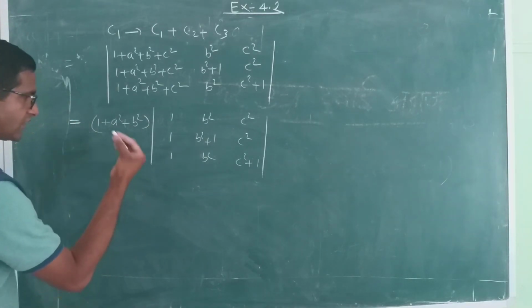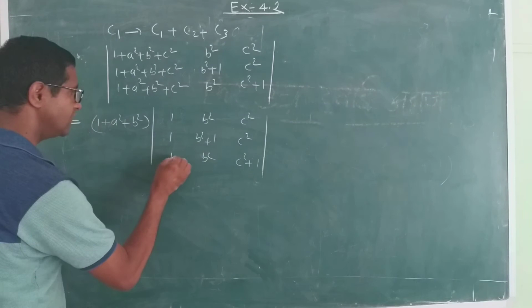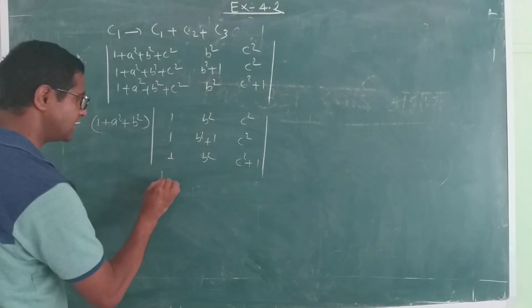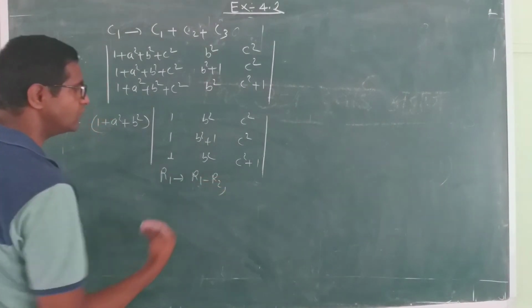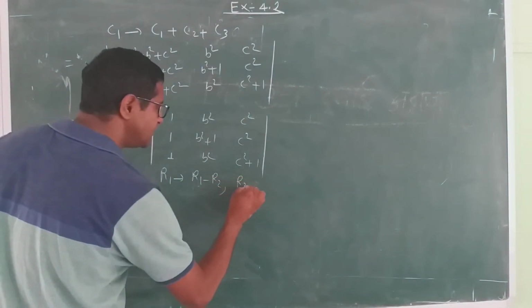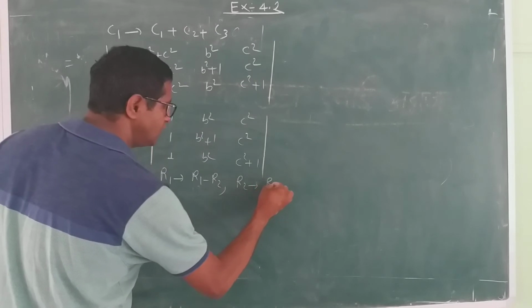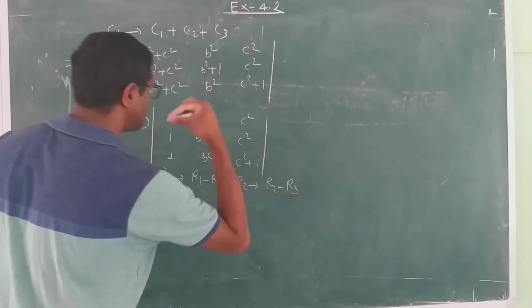So for this, you will apply the operation R1 changes to R1 minus R2 and R2 changes to R2 minus R3.